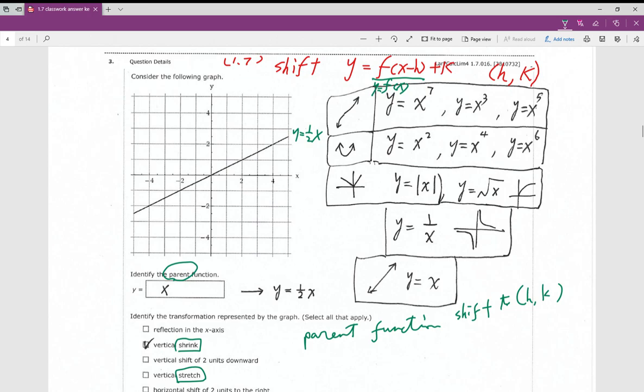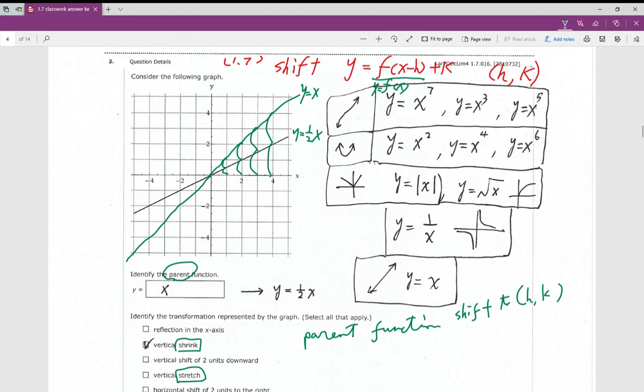Now, this 1/2 comes from our parent function. So the parent function is this, y equals x.